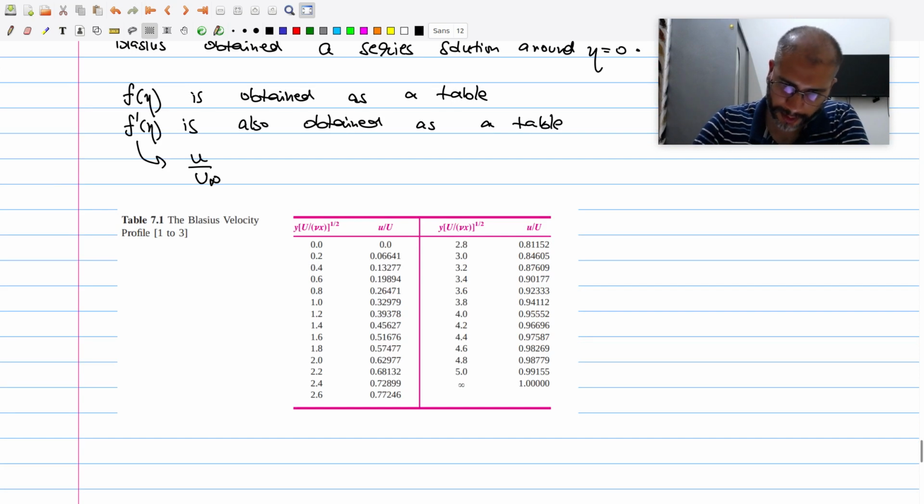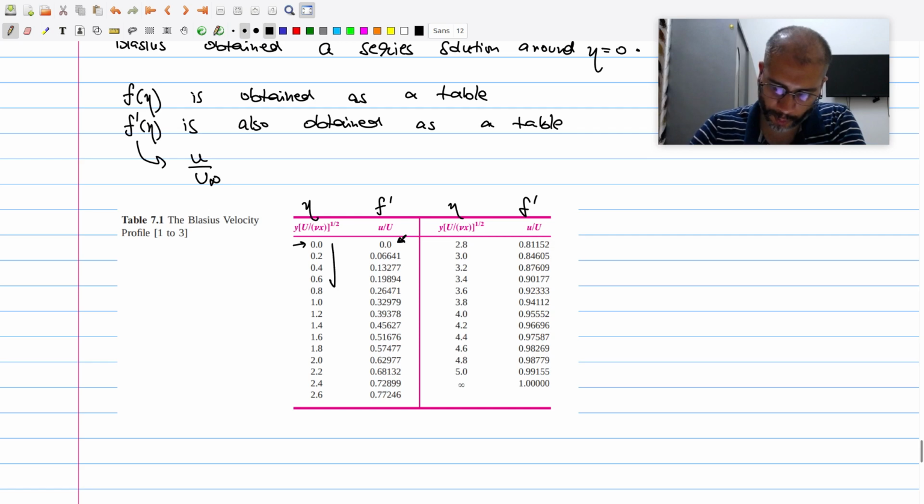And what we see here is that this numerically calculated series solution is obtained. So this is your y, or this is your eta, and this is your f prime. Okay, eta, f prime. So you can see that for eta equal to 0, that is on the surface of the solid body, your f prime is 0. F prime is u by u infinity, which is 0.